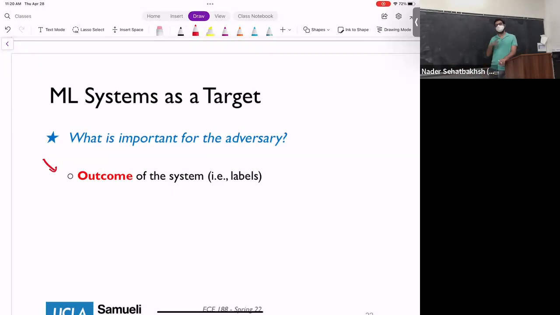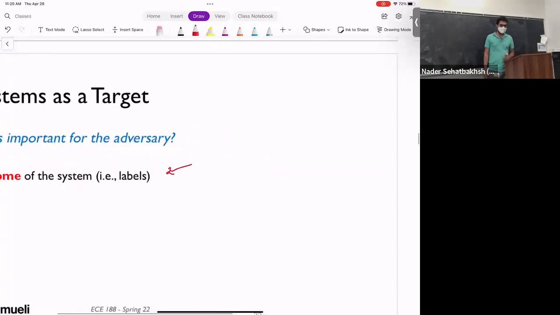Some part of it is already there because, as we said, these models are not perfect. But some part of it, we actually can force the system to make a wrong decision, okay? And that's what the adversary wants to do. Why would an adversary be interested in making the system make a wrong decision? Think about machine learning systems as many different things that we use in our normal life.